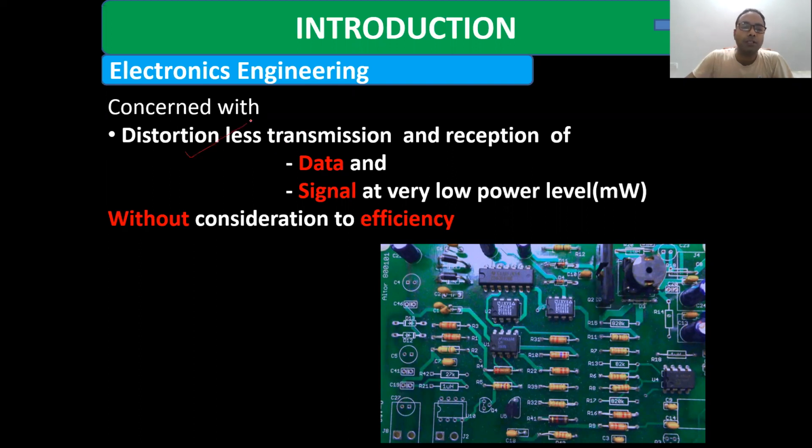Distortion-less means we have to create the signal in such a way that it has minimum distortion, and we have to transmit the signals and data at very low power. That is electronics engineering. So the level of power is at milliwatt, and that is our data or any signal. As it is at a low power level, we generally do not consider the efficiency of that electronics component.